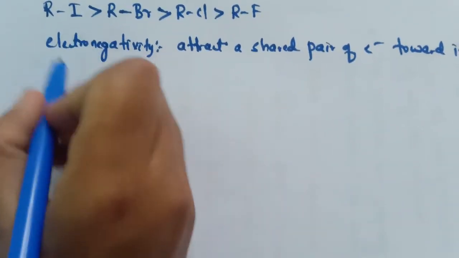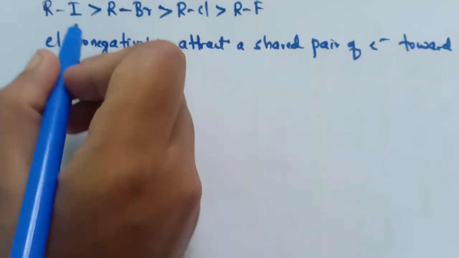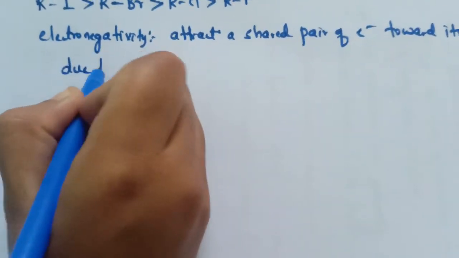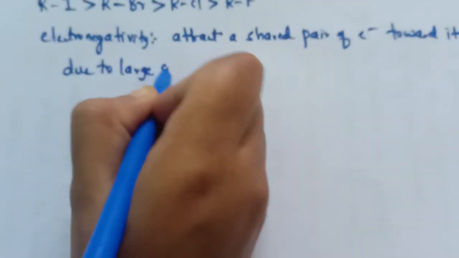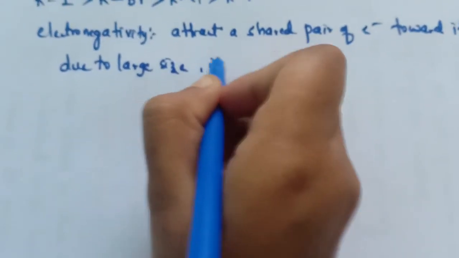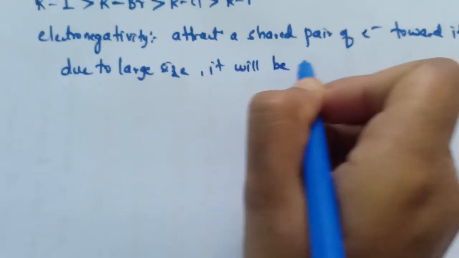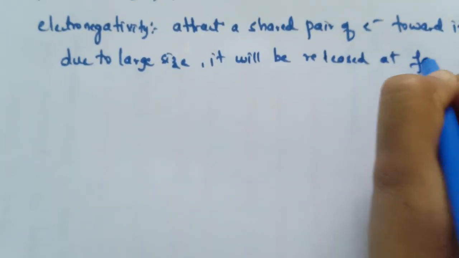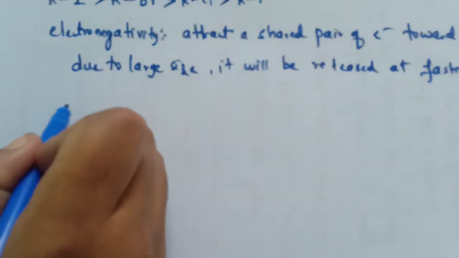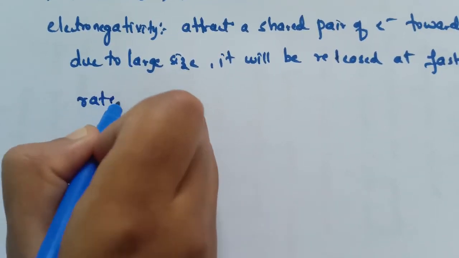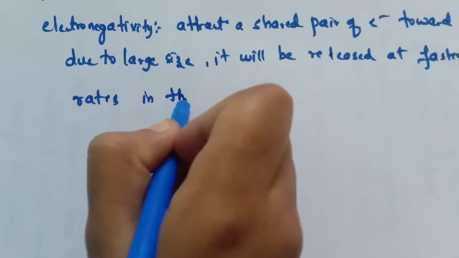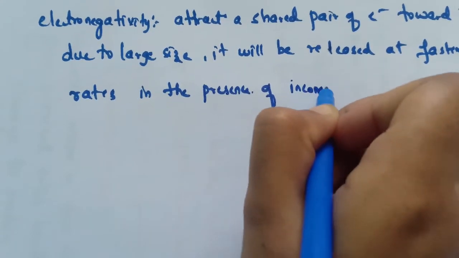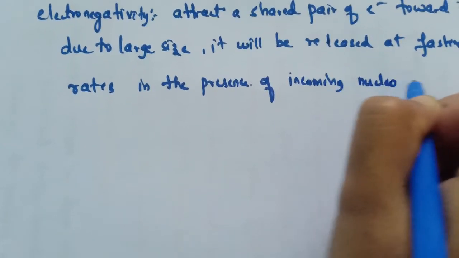So it has less electronegativity than fluorine and bromine, and it has a very large size. Due to the large size, it will be released at faster rates in the presence of an incoming nucleophile.